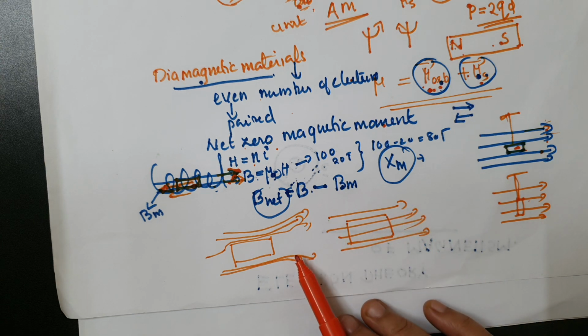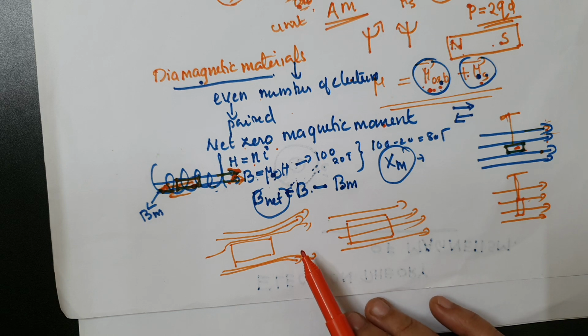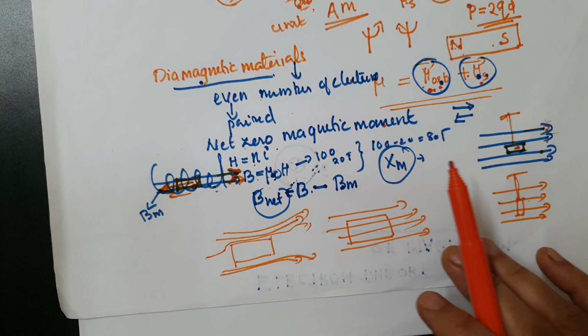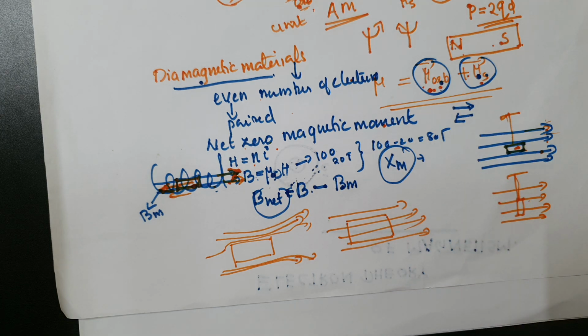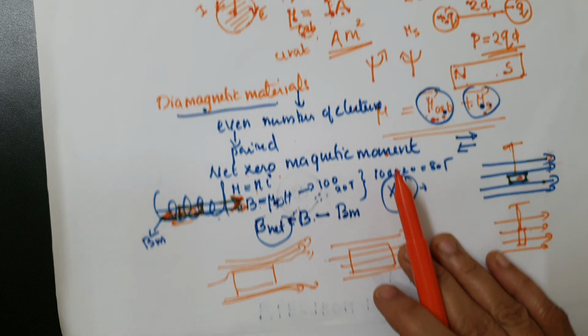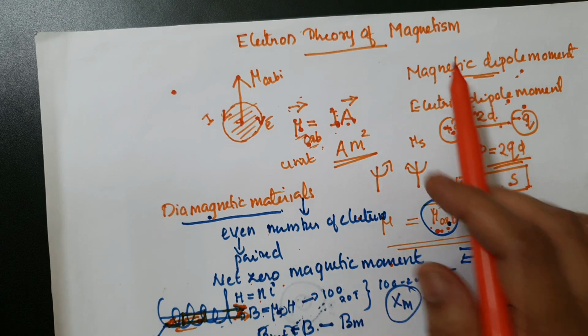It does not allow the passage of magnetic field lines through it. So these are the main properties of diamagnetic materials, which can be explained on the basis of the electron theory of magnetism.